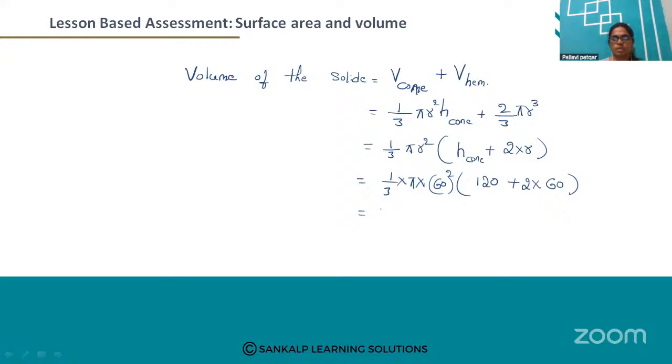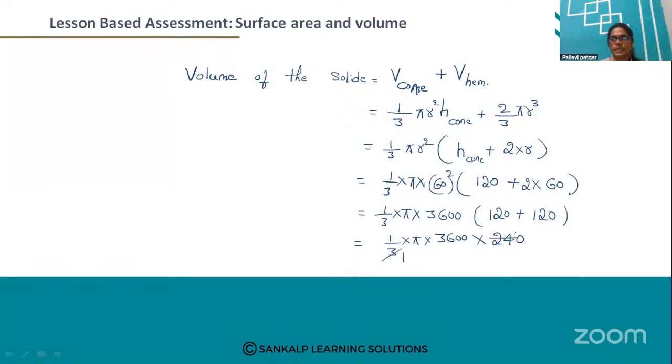This is equal to 1/3 into pi into 60 into 60 is 3600 into 120 plus 120, which is 240. So here 3 ones are 3, 3 80s are 240. So this is equal to 3600 into 80 into pi.